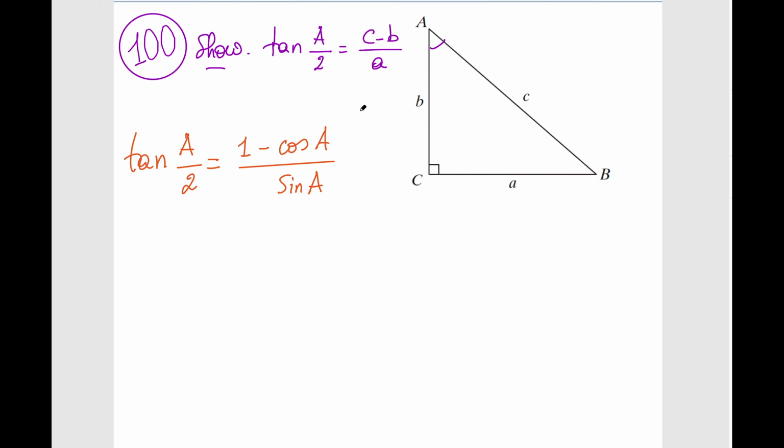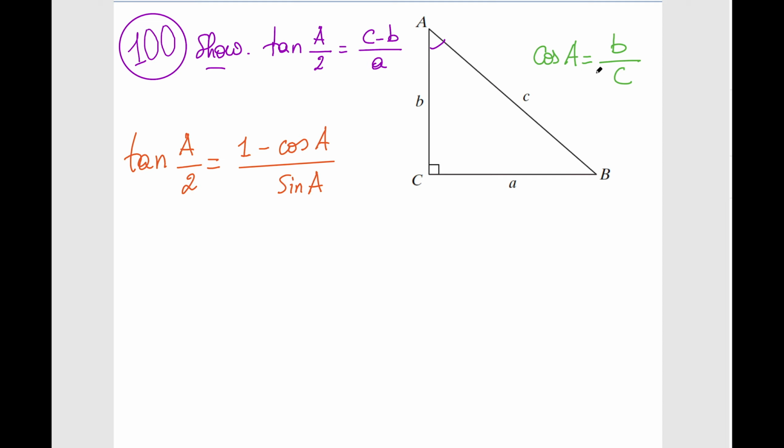Alright, so now I can use the picture to actually find this quotient. Correct? Alright, and what's cosine of A? How about we write it here next to the picture? Cosine of A. Well, using the right triangle, cosine of an angle is the size of the adjacent side, which is b in this case, over the hypotenuse, and the hypotenuse is of length c, right?